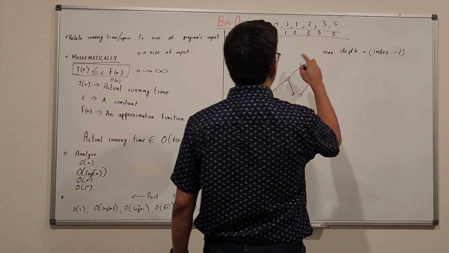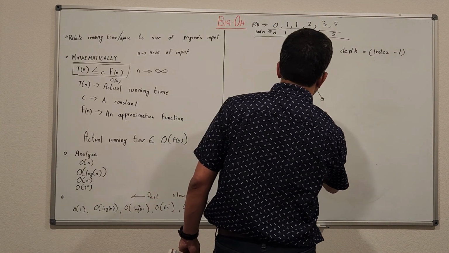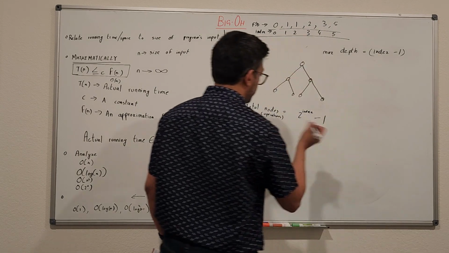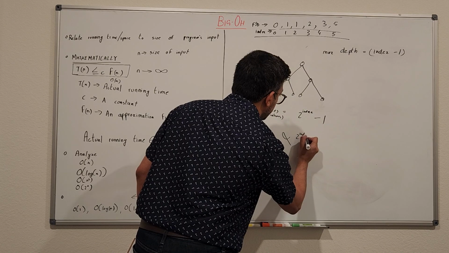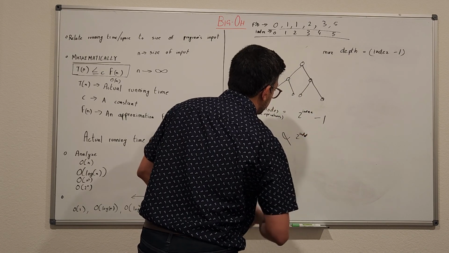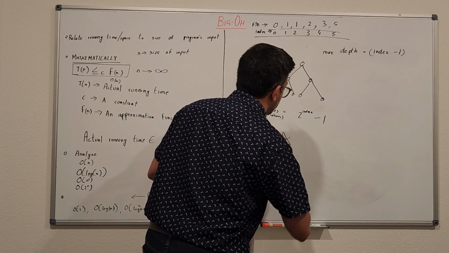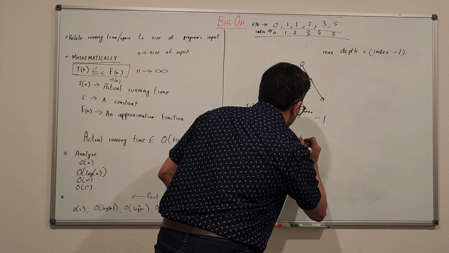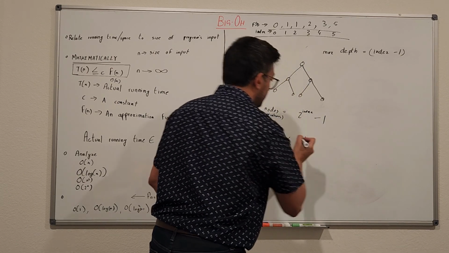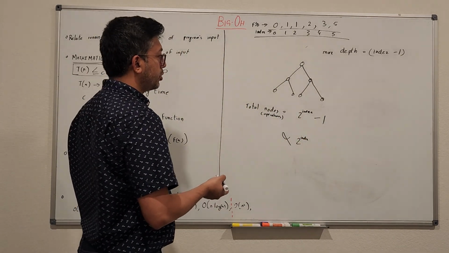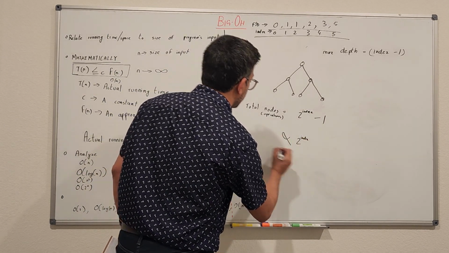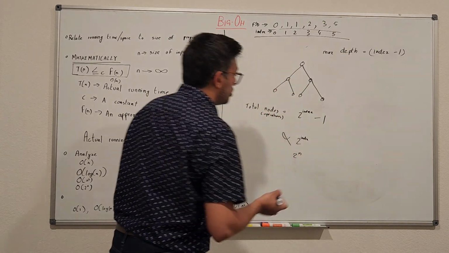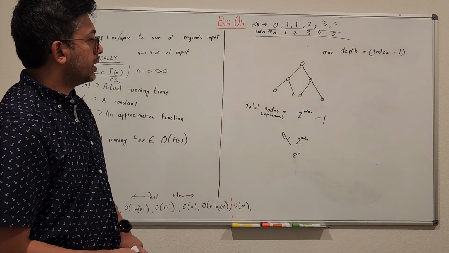Index is the size of the input to this program, minus 1, which is approximately 2 raised to index. Index is the input to the Fibonacci program, and if you say the size of the input is n, it is 2 raised to n. So that is how you get 2 raised to n.